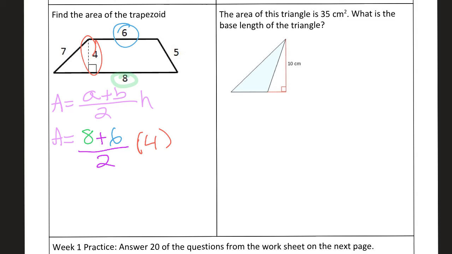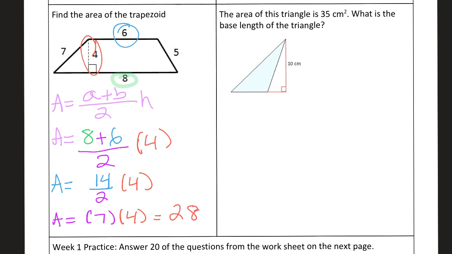Okay. 8 plus 6 is 14. So now we have 14 divided by 2 times 4. 14 divided by 2 is 7 times 4, which is 28. And if we don't know the units, we can say square units.